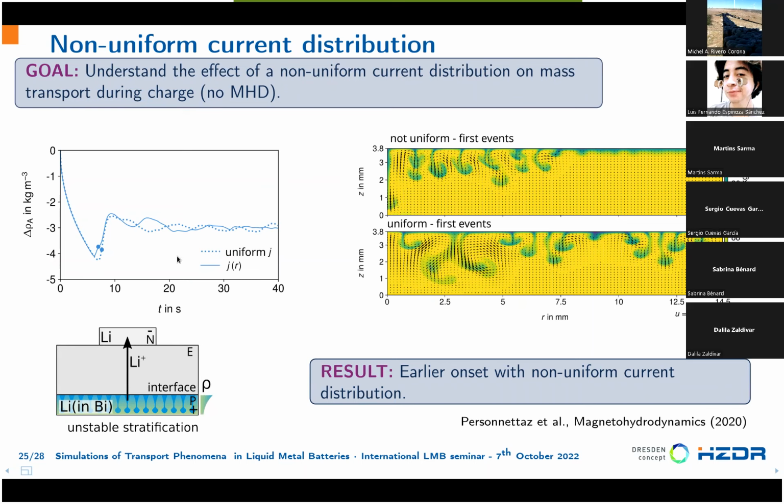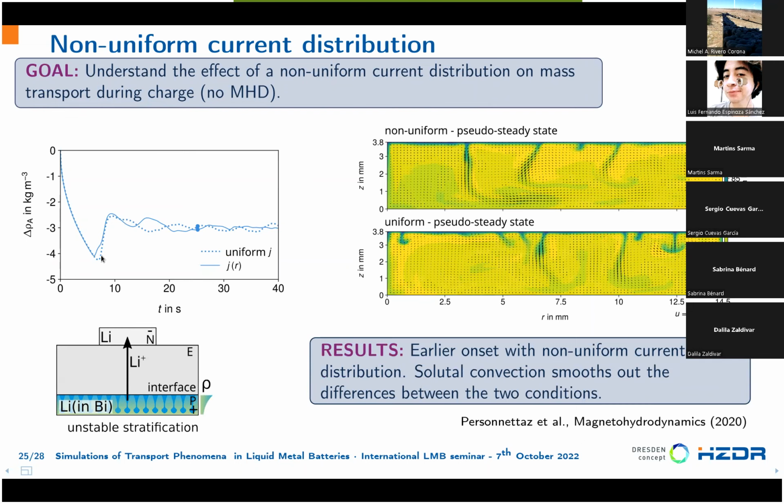The onset takes place earlier in the non-uniform current case than in the uniform, as we also see from this evolution of the concentration difference. But later in the steady state condition, solutal convection is able to smooth out all the differences that the non-uniform current distribution is leading to.